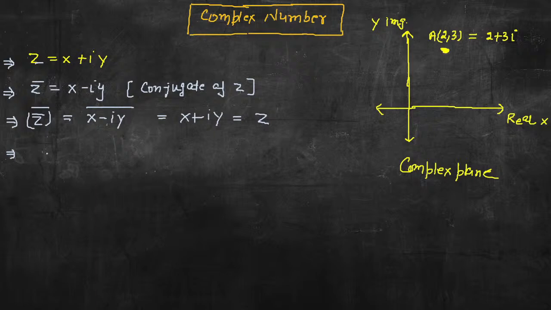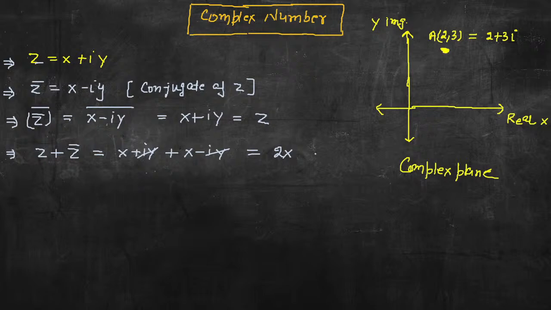Further, if you have z plus z bar, what does it become? z is x plus iota y, and z bar is x minus iota y. You can see the iota y cancels, and it becomes 2x. Now just listen. What is the meaning of 2x?